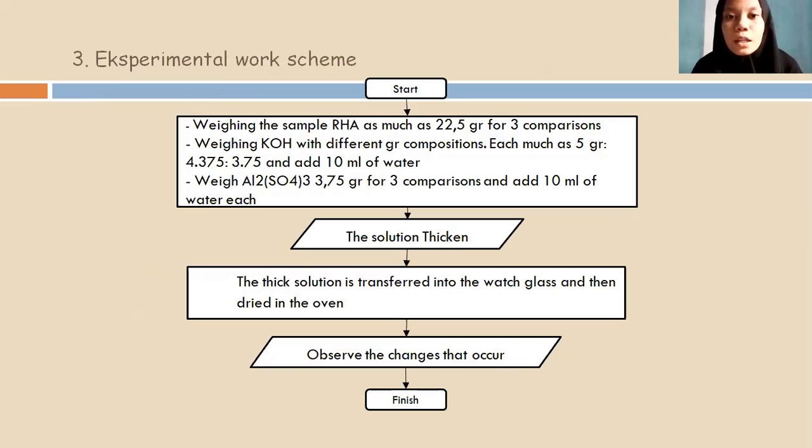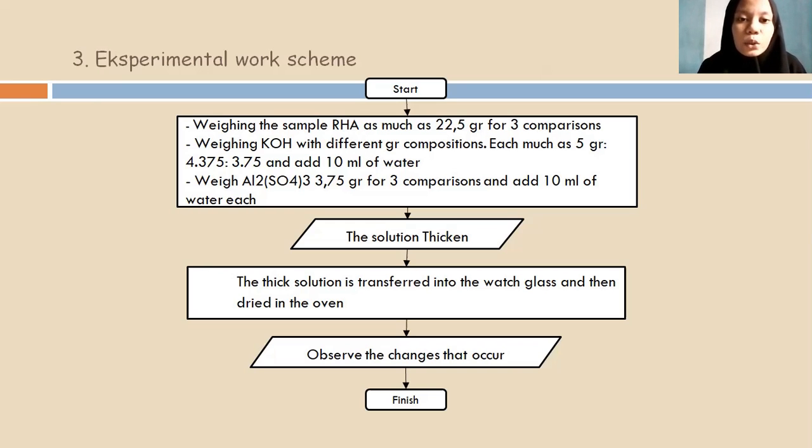Experimental work scheme: first, weigh the RHA sample, 20 to 5 grams for 3 comparisons. Weigh KOH with different compositions, 5 grams for 3.75 to 3.75, and add 10 ml of water.